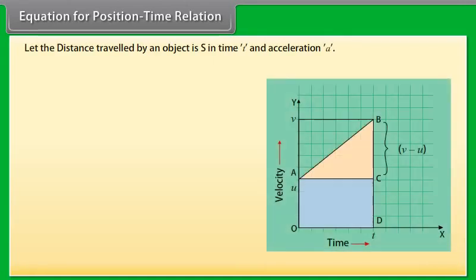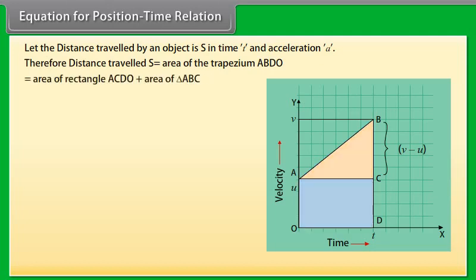Equation for position-time relation. Let the distance traveled by an object be s in time t with acceleration a. We can see that the distance traveled by the object is obtained by the area enclosed within the graph. Therefore, distance traveled s is equal to the area of the trapezium ABDO, which equals area of rectangle ACDO plus area of triangle ABC, which is OD into OA plus 1/2 BC into AC.